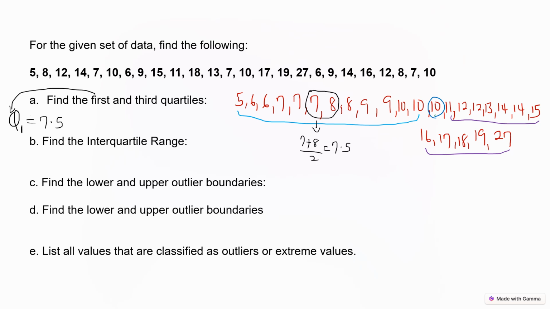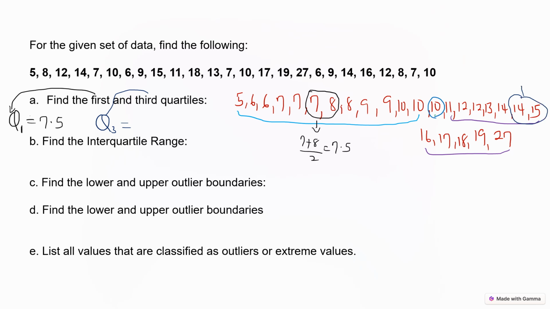Secondly, the third quartile is represented as Q3. You look at the other half of the data. What is the middle value? It's going to be the 6th and the 7th value, which is 1, 2, 3, 4, 5, 6, 7. These are the middle values.